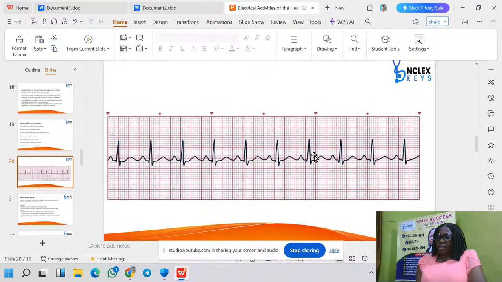That's the first thing: confirm it is a 30-second strip. Don't forget to. That's where you must always start from.